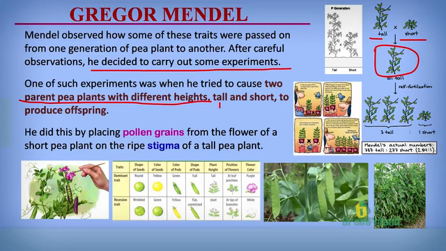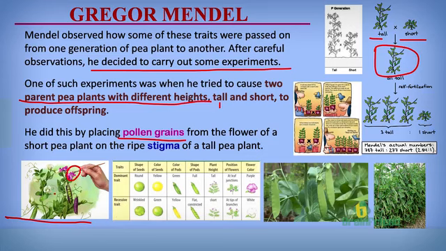He did this by placing pollen grains. You can take a look at this pea plant. These are the flowers. Usually a mature flower will produce pollen grains, and the pollen grains will usually be found at the tip of the flower. When the flower had produced pollen grains, Gregor Mendel took these pollen grains from this tall pea plant.